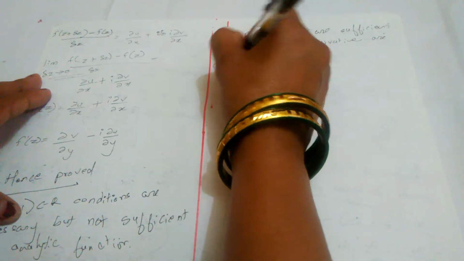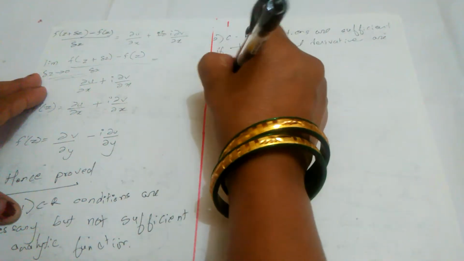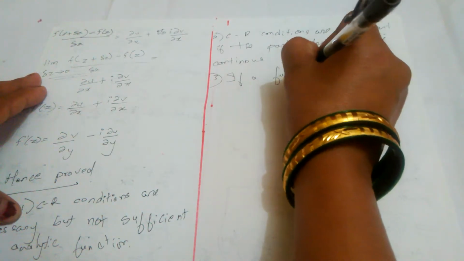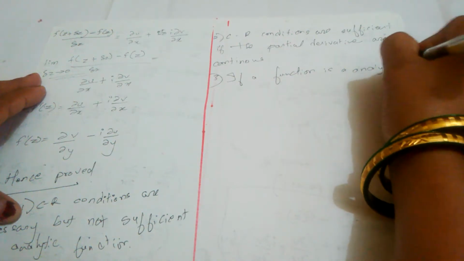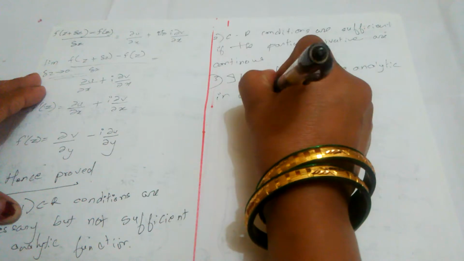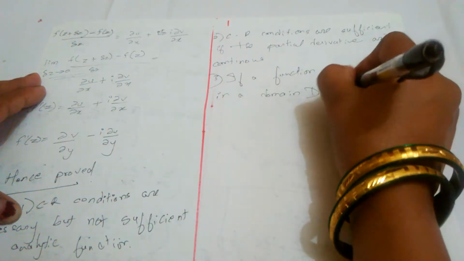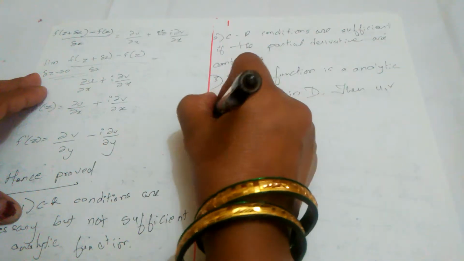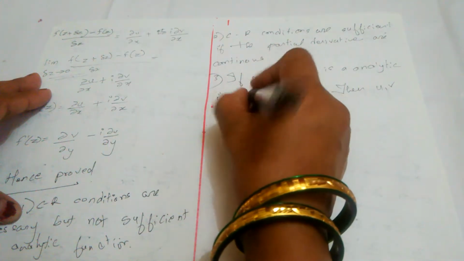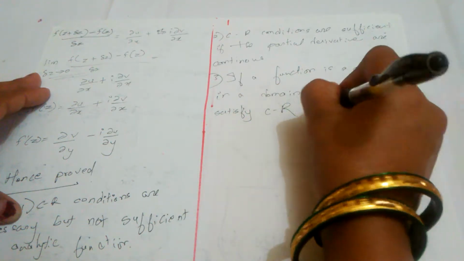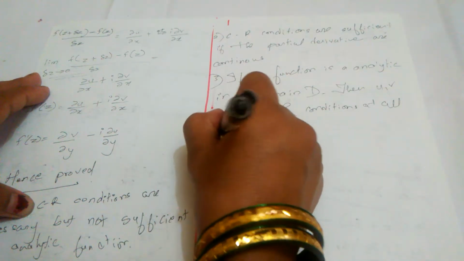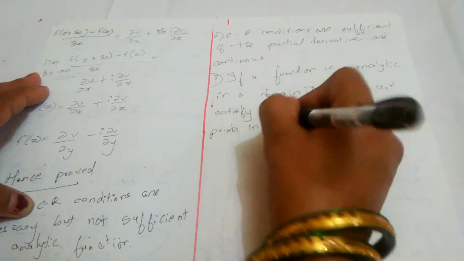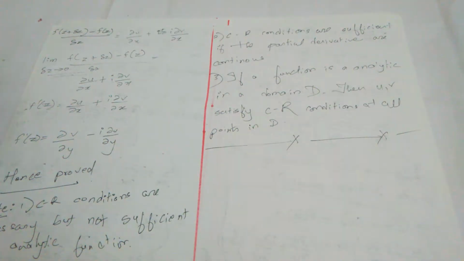If a function is analytic in a domain D, then u, v satisfy CR conditions at all points in D. So we have completed the proof and the necessary conditions required.